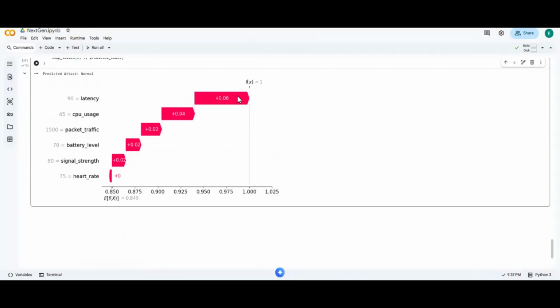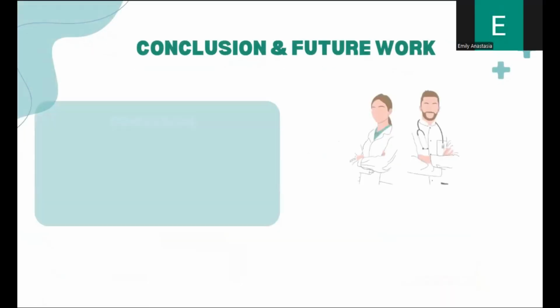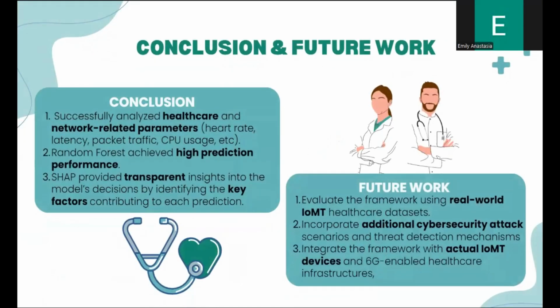It will show that it is normal, because SHAP explains that the system has no risk-related features that significantly influence the prediction, indicating normal system behavior. Conclusion and future work.